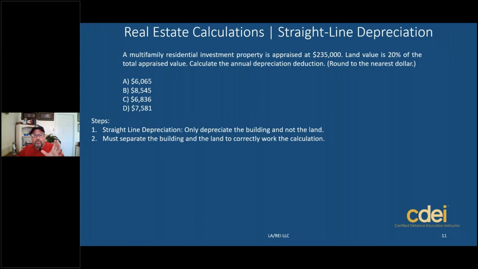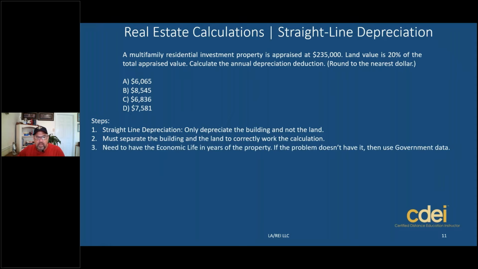Okay, so $235,000 includes the building and the land as one. Okay, now you also need to have the economic life, which is the years of good economic value that is in the property.